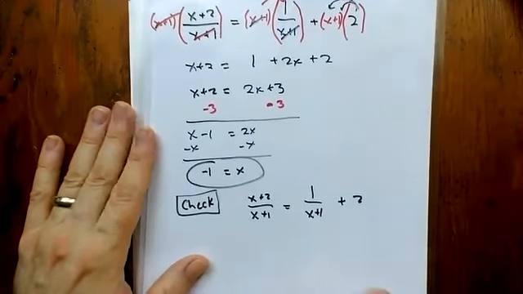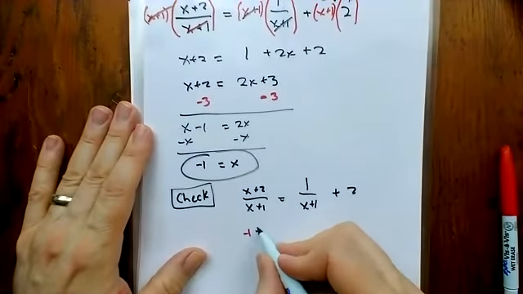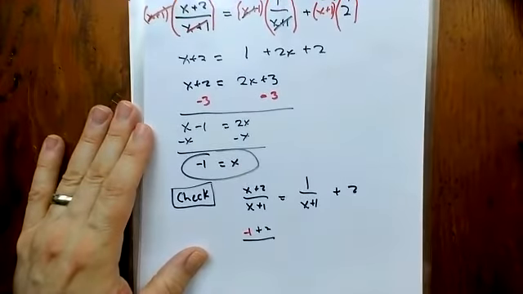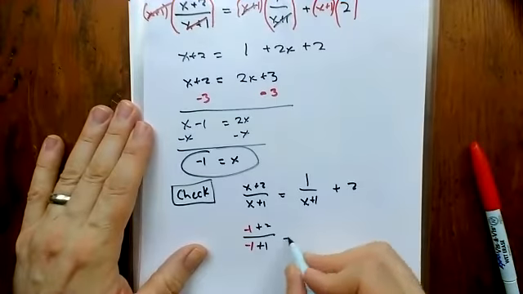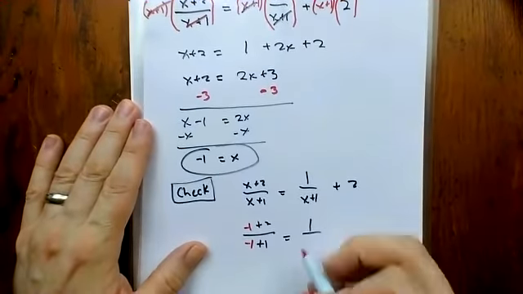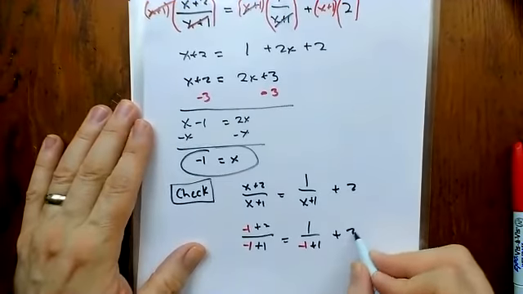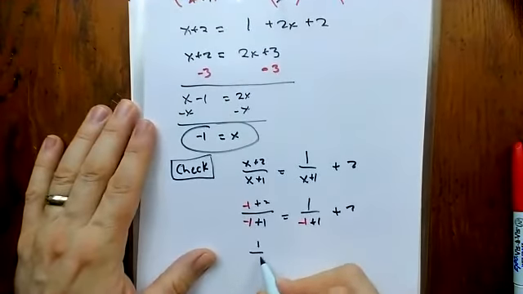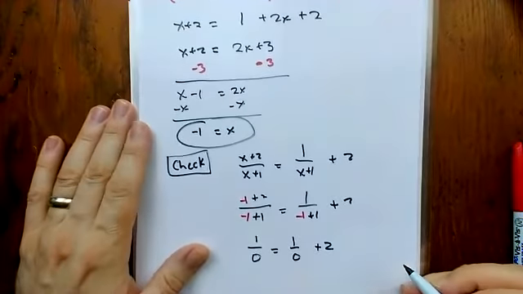When I check this, I'll have negative 1 plus 2 over negative 1 plus 1 is equal to 1 over negative 1 plus 1 plus 2. And so I've got 1 over 0 is equal to 1 over 0 plus 2.